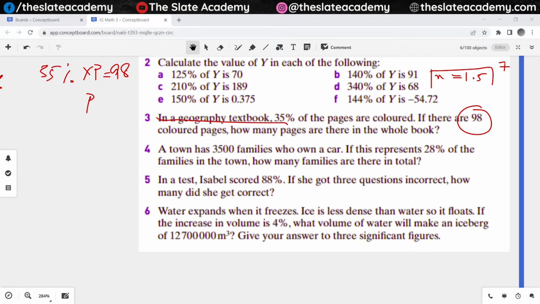So P will be equal to 98 divided by 35%, or 98 divided by 0.35. Miss Anam, understood?